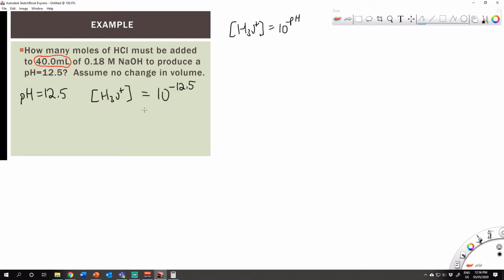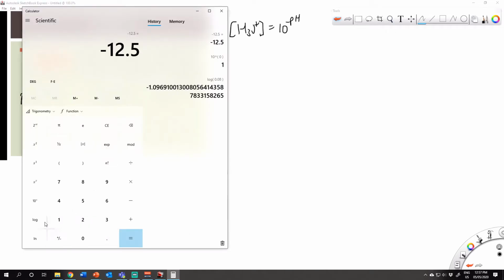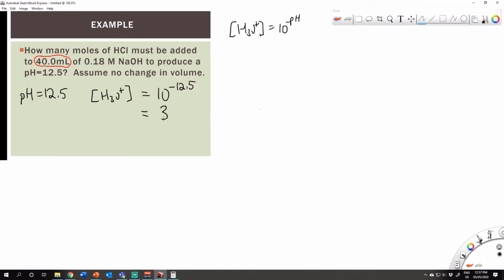So this will allow us to calculate it. 10 to the negative 12.5 is 3.16 times 10 to the negative 13. So that's our goal, to have a total concentration of hydronium equivalent to this.